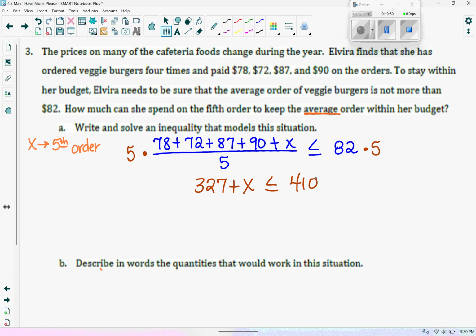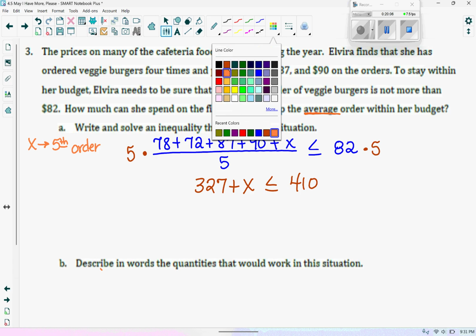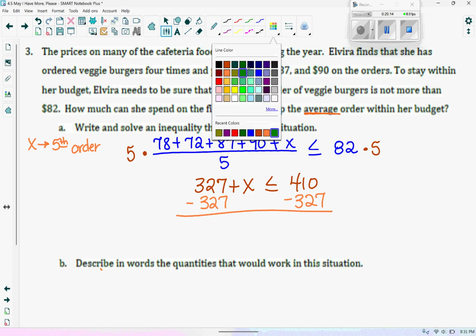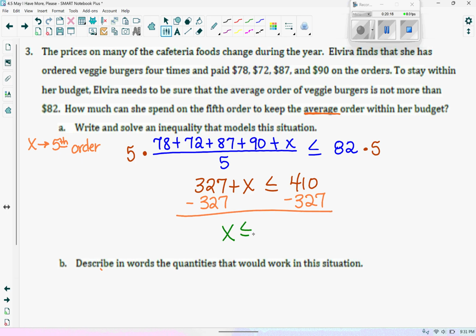Okay, our 5's canceled over here on the left because I have one on the top and one on the bottom. Now I'm going to subtract that 327 so that I can get x by itself, and we get x is less than or equal to $83.